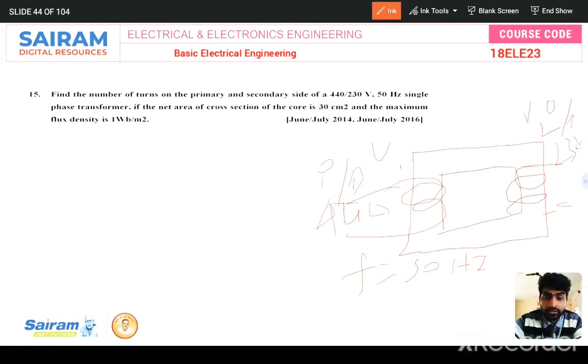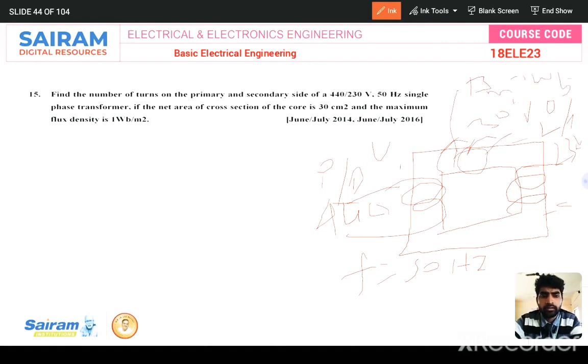And the net cross section area of the core is 30 centimeter square. This core area is 30 centimeter square. 30 into 10 raised to minus 4 I can take, because 10 raised to minus 2 into 10 raised to minus 2 centimeter square will be there, 10 raised to minus 4. And the maximum flux density, flux per unit area, is Bm, 1 Weber per meter square.